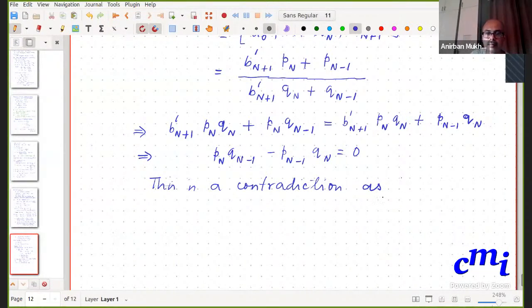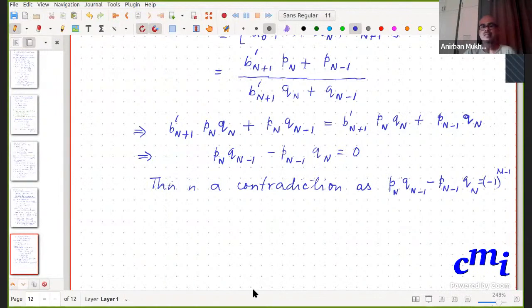As we know actually that Pn Qn minus 1 minus Pn minus 1 Qn is minus 1 to the n minus 1. Whatever, I mean, it is non-zero.